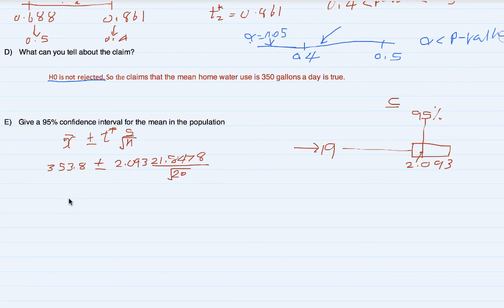Therefore you can simplify, and our confidence interval should be 343.575 comma 364.025. So this is the confidence interval at the 95% confidence level.